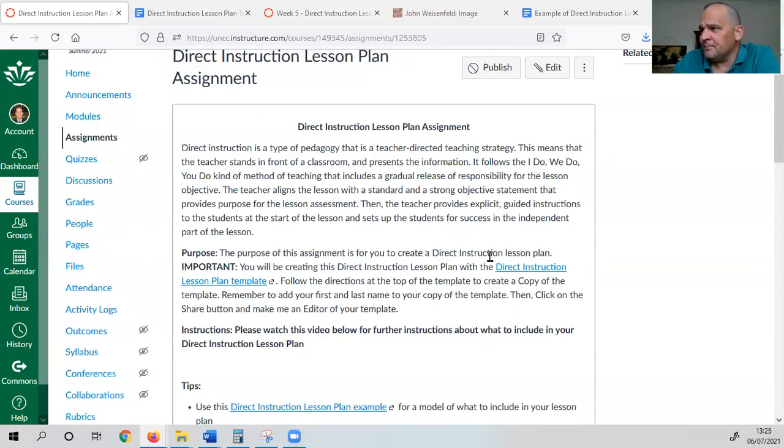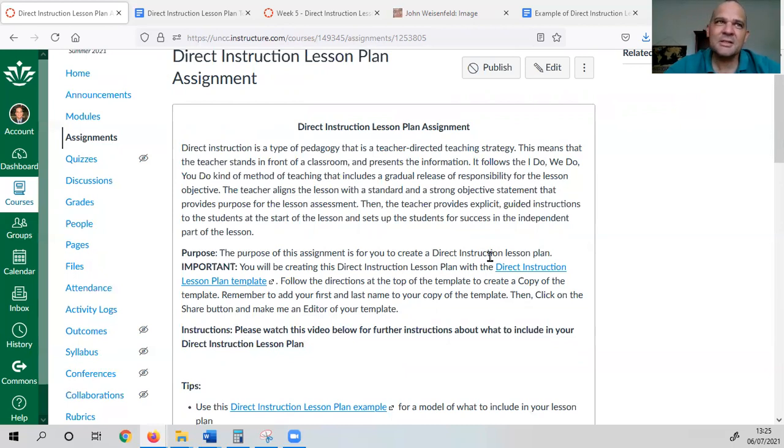All right, so a little bit about direct instruction. Direct instruction is a type of pedagogy that's very teacher directed. But despite what you may think, teacher directed does not mean lectures or boring presentations. That's not what we mean by direct instruction.